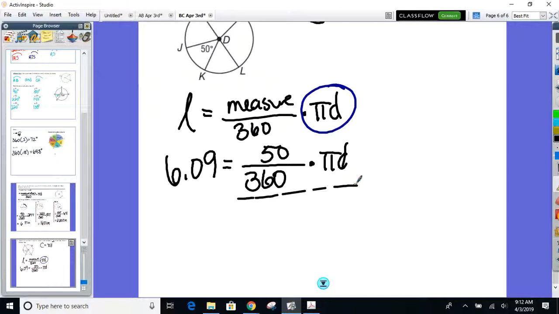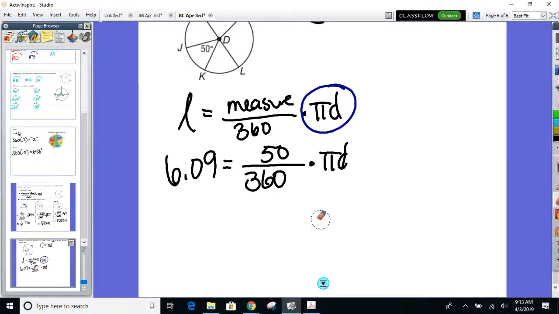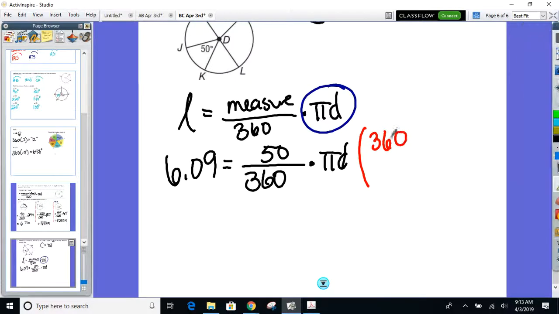Or did anybody have a different way? I can multiply both sides by 360 over 50 if you wanted to. Okay, your call. If you divide by 50 over 360, I recommend a fraction template or two. I'll go with the second way you guys suggested, which is multiply both sides by 360 over 50.